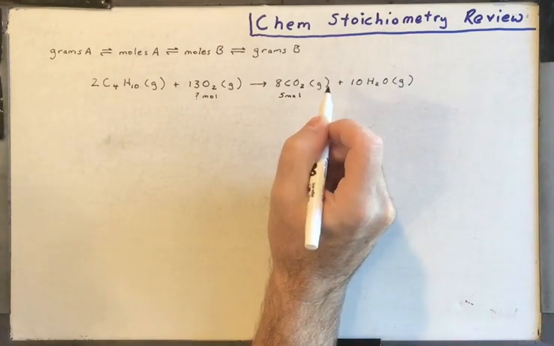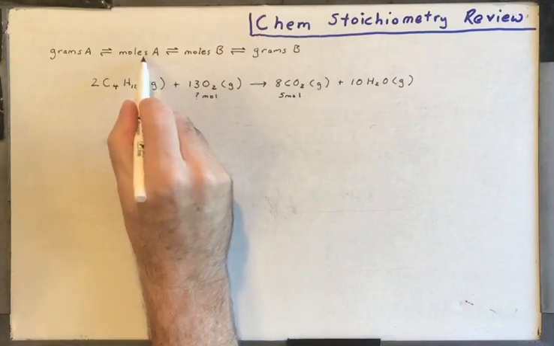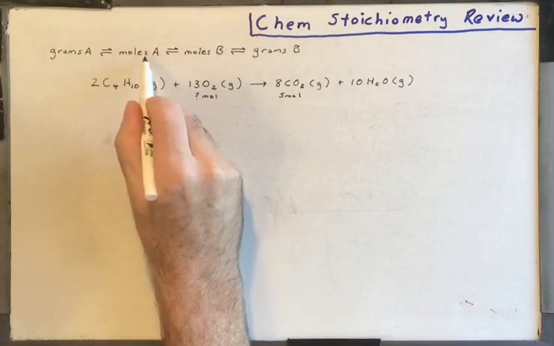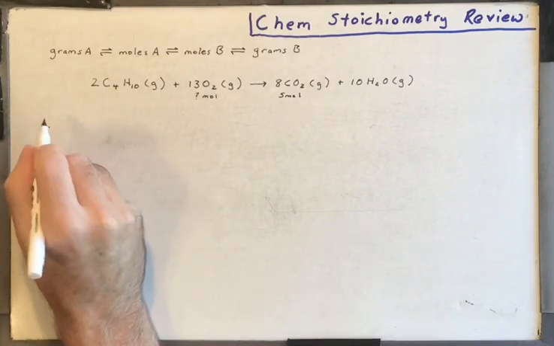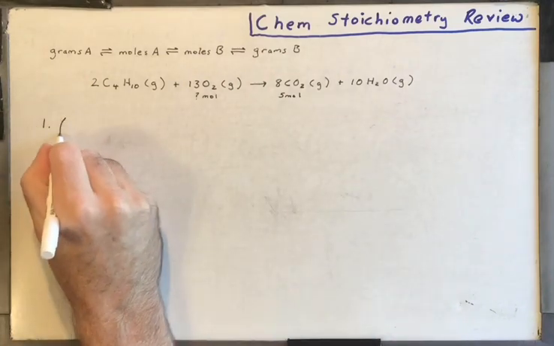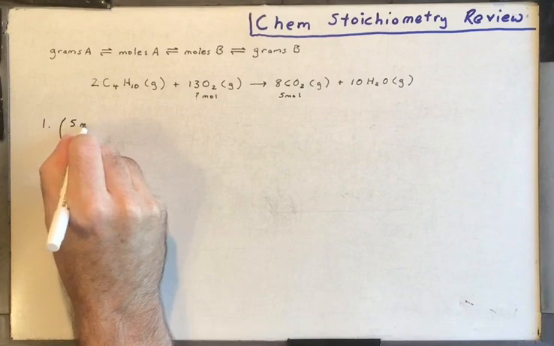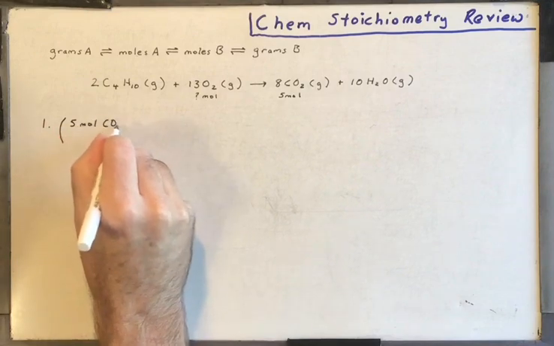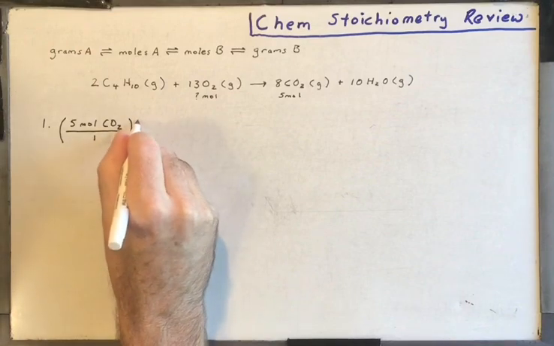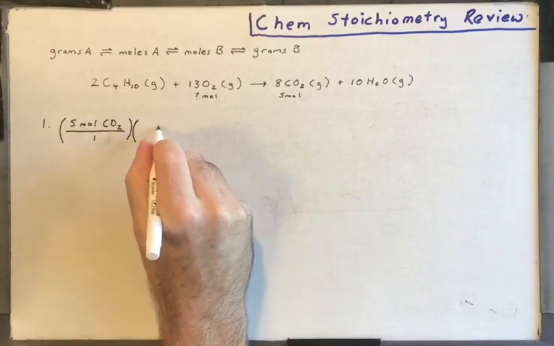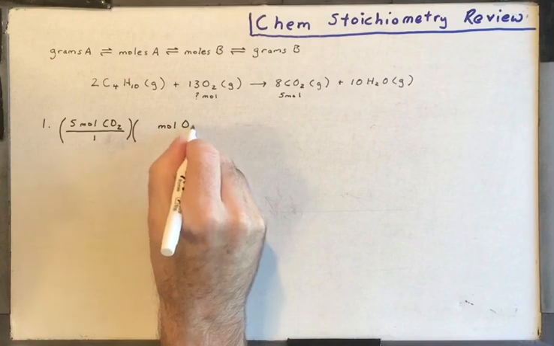So we are going from moles to moles. So this is just 2 steps, 2 sets of parentheses. So we start with what we're given, 5 moles of CO2. Put that over 1. We want to go to moles of oxygen.